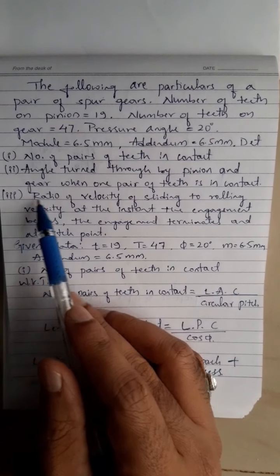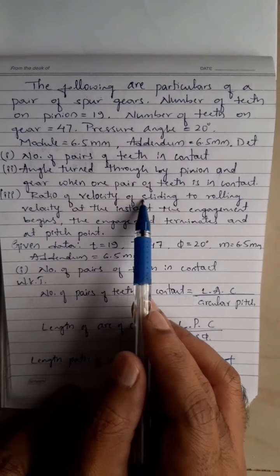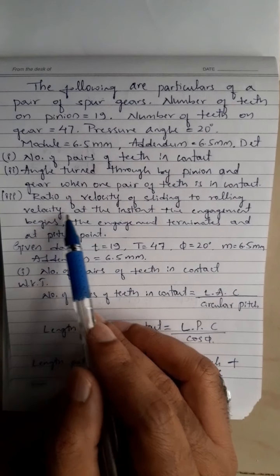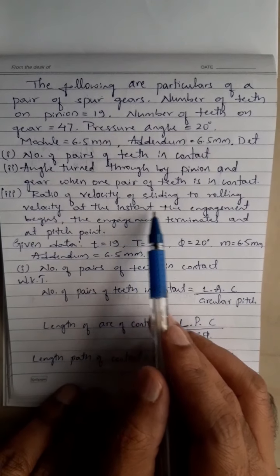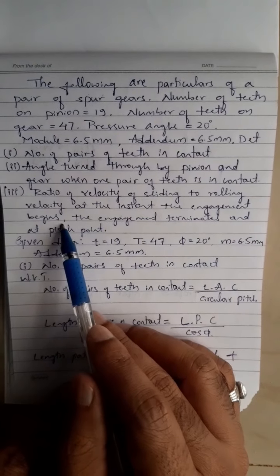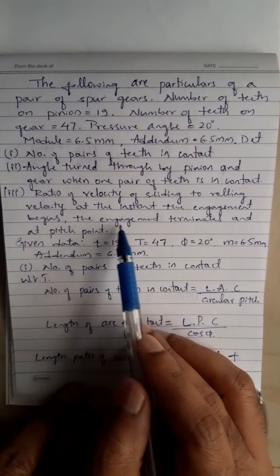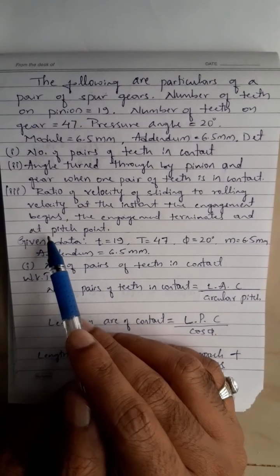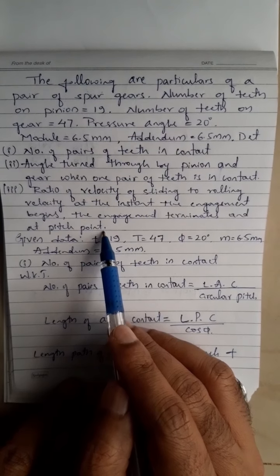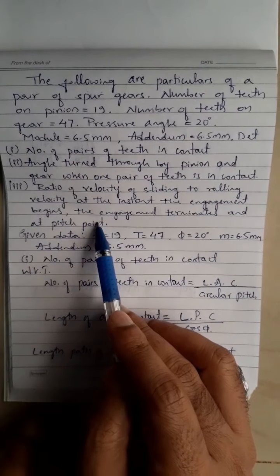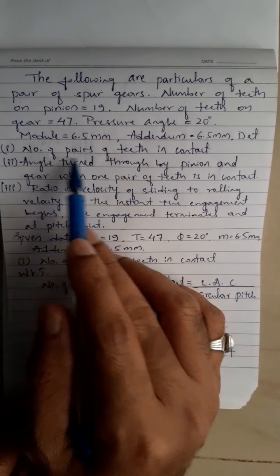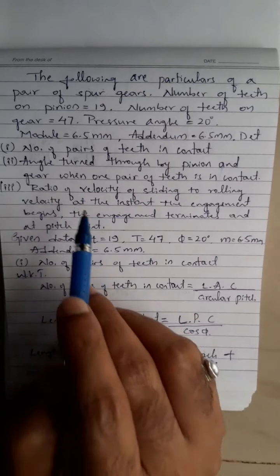Third, the ratio of velocity of sliding to rolling velocity at the instant the engagement begins, the engagement terminates, and at the pitch point. So these are the three parameters they have asked. The number of pairs of teeth in contact, we have come across in the previous problem.